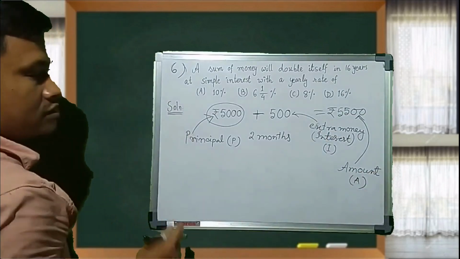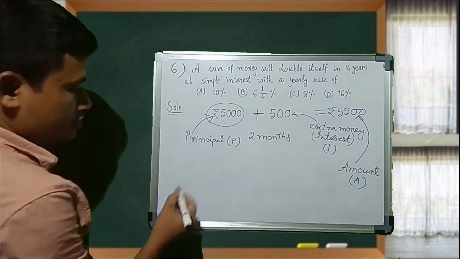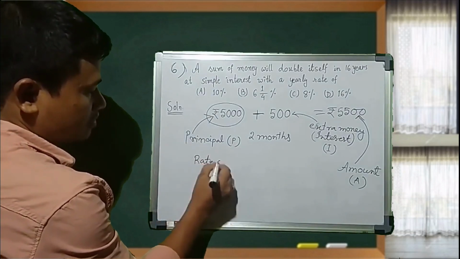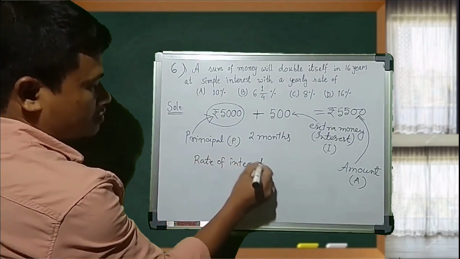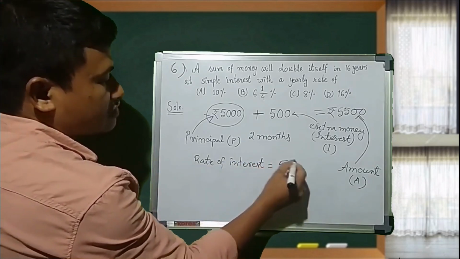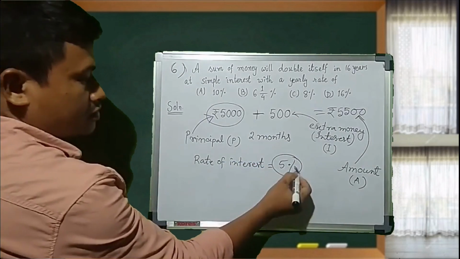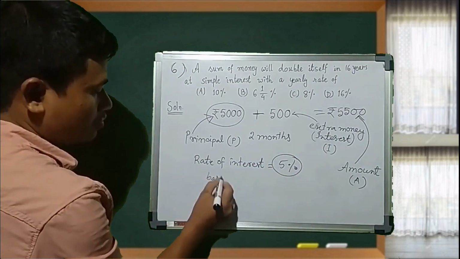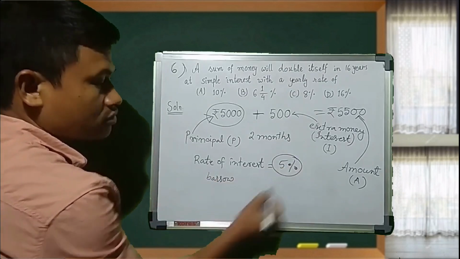And one more important thing is there. Suppose rate of interest is 5%. So what does it mean? The percentage symbol denotes 100.